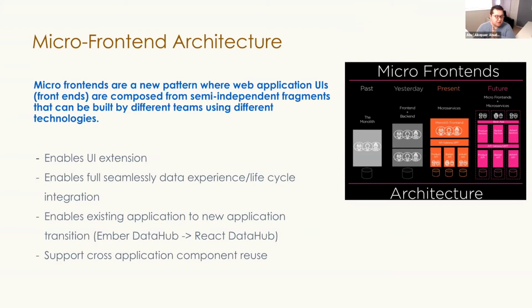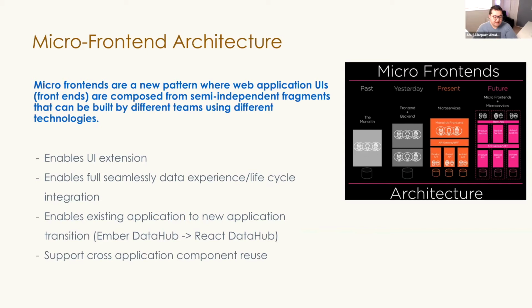Third, I believe most of us have been through application refactoring or application upgrades. And you know that before you have full feature parity, you are not able to release that application. But with micro-frontends, you can release your application page by page or feature by feature, or even target a new feature to a certain group of people.